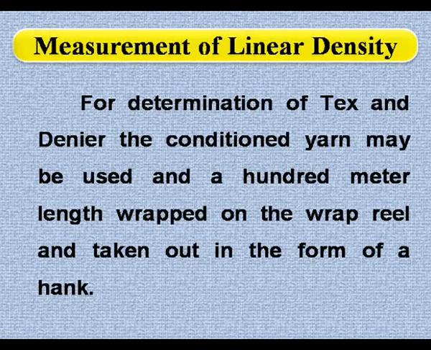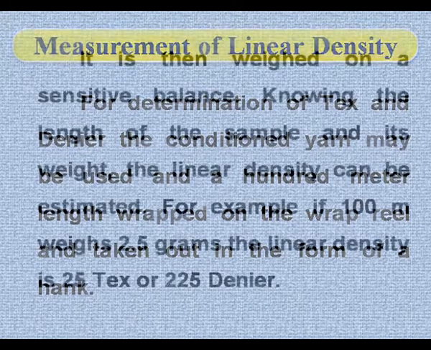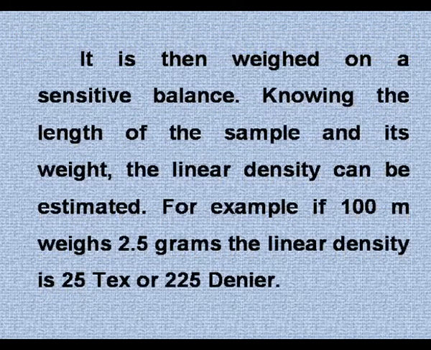Measurement of linear density. For determination of tex or denier, the conditioned yarn may be used and a 100-meter length wrapped on the wrap reel and taken out in the form of a hank. It is then weighed on a sensitive balance.